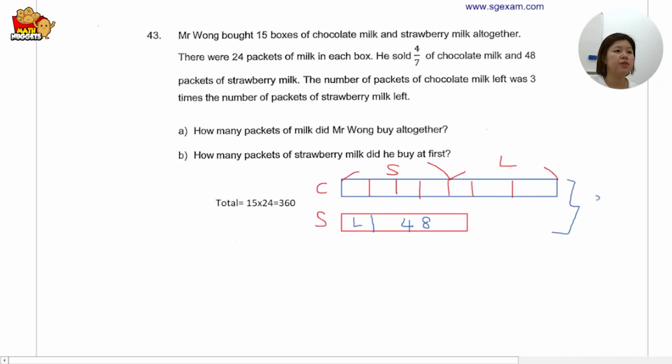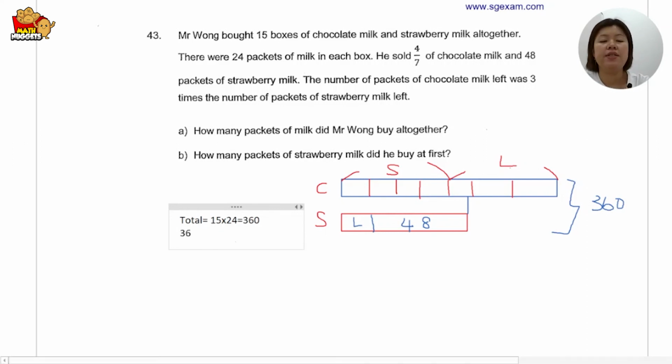Okay, total is 360. As you can see, it's not really a 1 unit. Okay, it cannot be exactly 1 unit. So we can start solving now. We can take 360 minus 48.